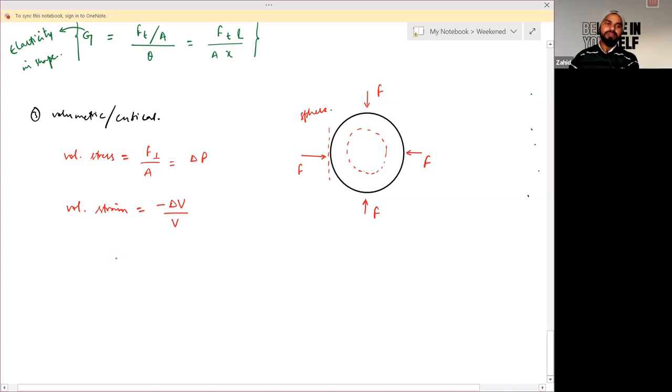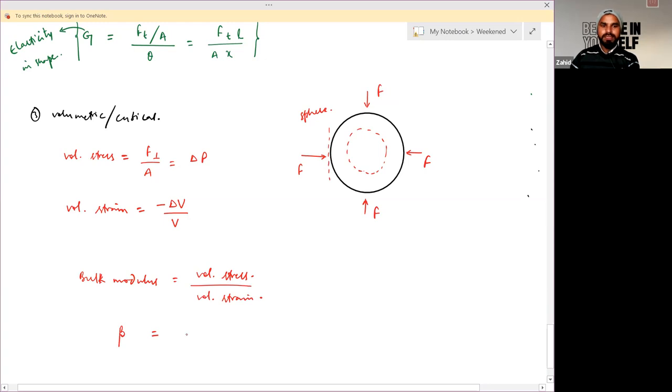Now, if you divide these two terms, you will get modulus of elasticity. In this part, it is termed as bulk modulus. So bulk modulus equals volumetric stress divided by volumetric strain. Bulk modulus is represented by beta.